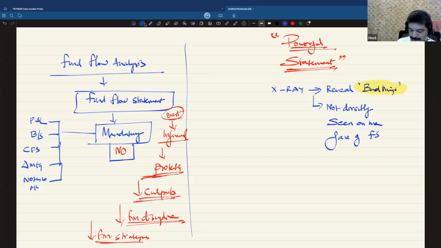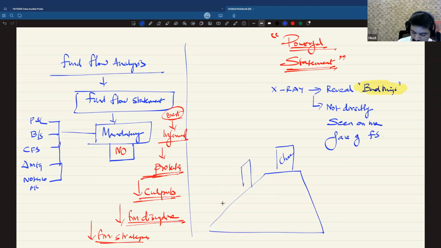Actually, when I was working in a bank, I just entered the committee room. Just imagine this is the committee room. Here the committee chairman is sitting, and here the committee members are sitting. I had one tough proposal I had to present and get sanctioned.